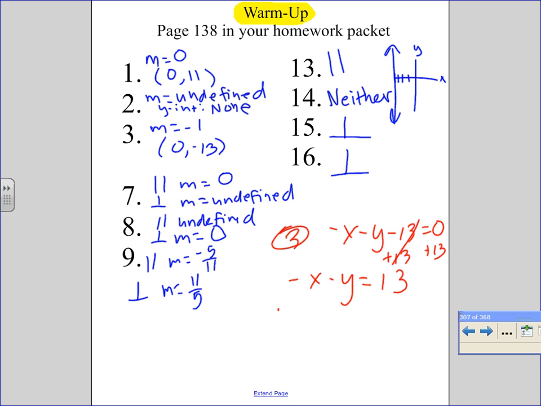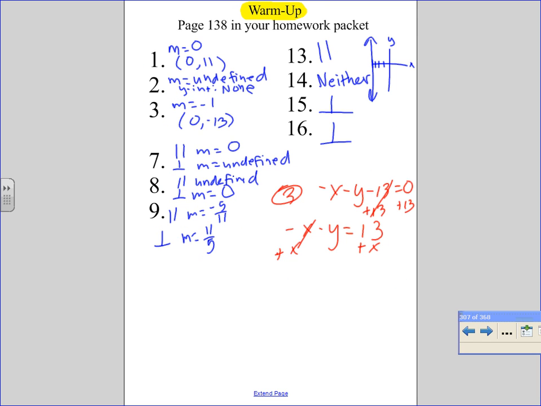Then what'd you move? Good, so plus x. So we have negative y equals x plus 13. That's why. You just got to be very careful. Then divide everything by negative 1. So you get y equals negative x minus 13.